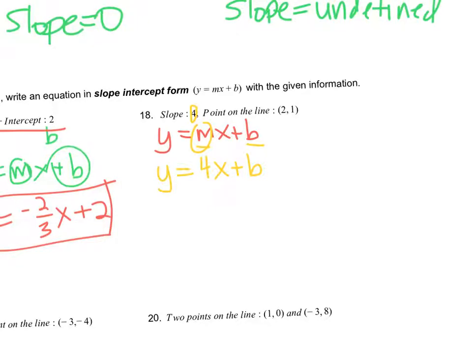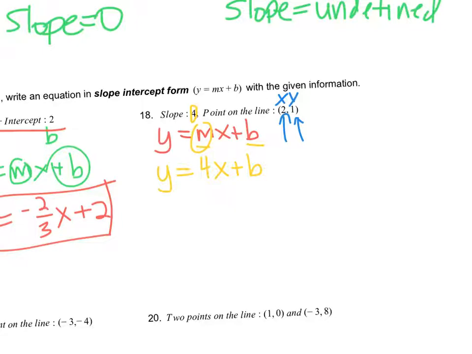The only other piece of information I've been given is a point on the line located at 2, 1. We've talked about ordered pairs quite a bit so far. Each ordered pair is an x value with a y value. So I'll use that to my advantage, because when the x value is 2, the y value is 1.